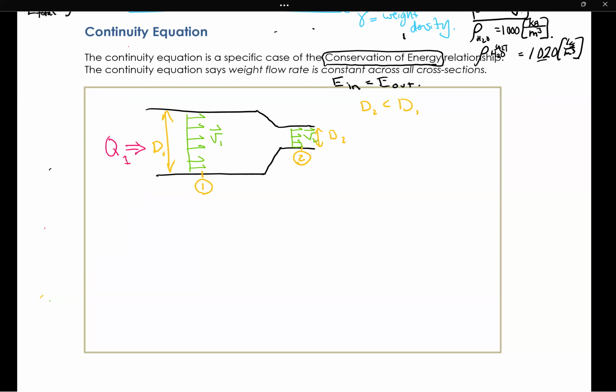So the fluid is flowing in at a flow rate Q in, whatever we want to call it, and it's going to flow out at flow rate Q out. And this is our volumetric flow rate, and it is measured in volume over time.